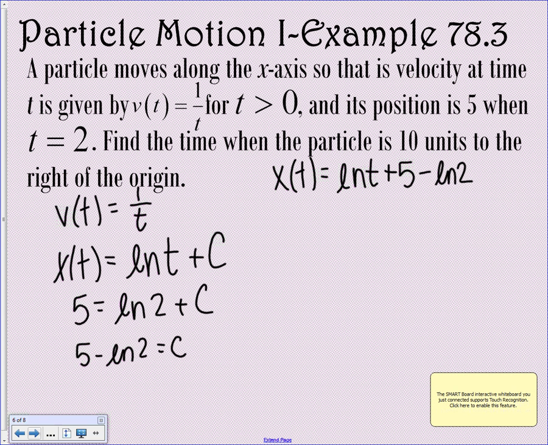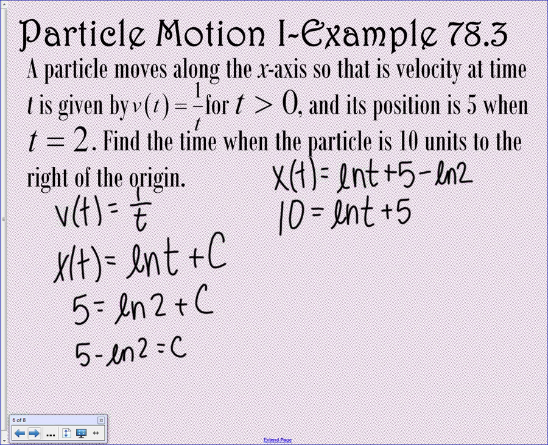Okay? Now, to figure out when the particle is 10 units to the right of the origin, we're going to let our position be a 10, and we're going to solve for our t. So I can go ahead and move these two terms over to the left, and I have 5 plus the ln of 2 equals ln of t.